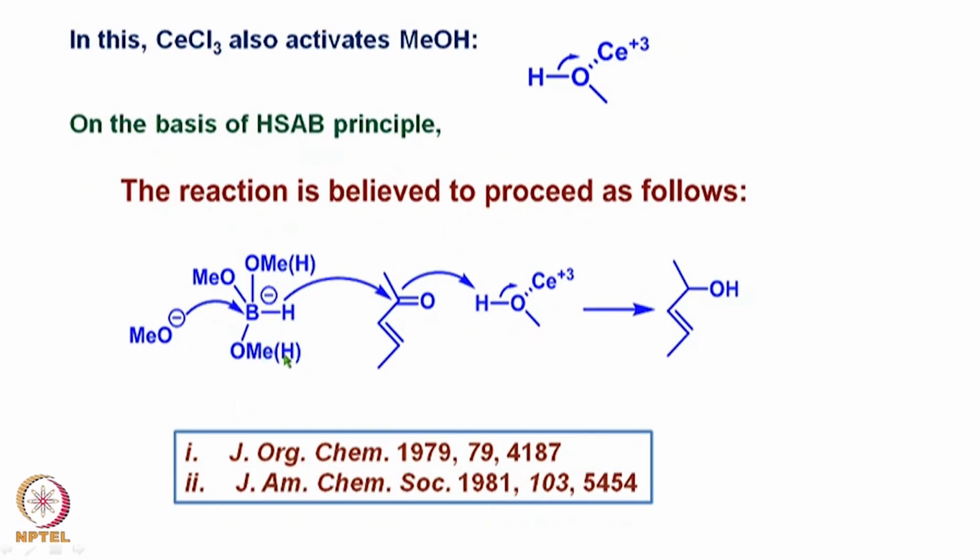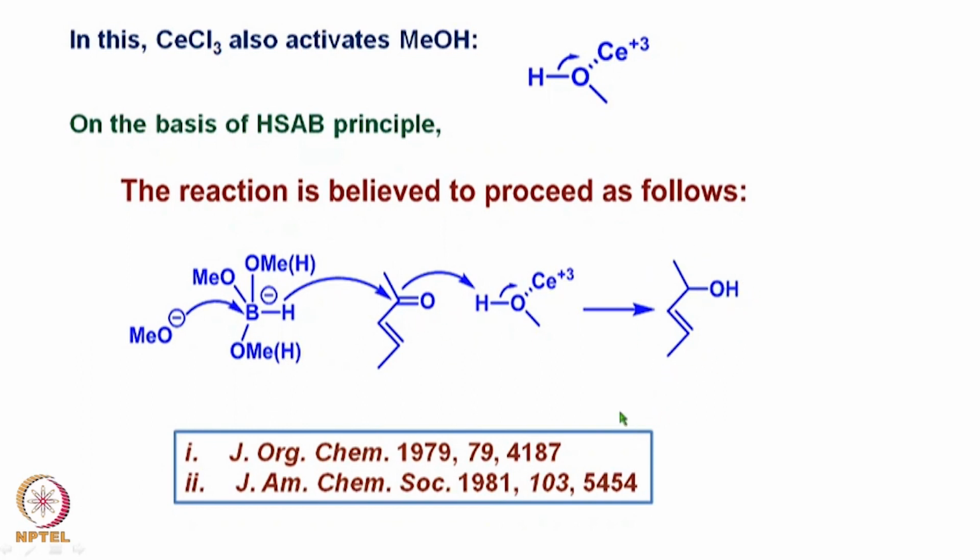It could be a mixture of all the 3 types of methoxy borohydrides, and therefore they form a harder Lewis base in terms of H minus, which then interacts with the harder Lewis acid at this particular carbon atom, which is due to the coordination of the oxygen, a harder base, with the harder acid H plus, released as a result of the complexation of methanol with the cerium 3 plus salt, resulting in an allylic alcohol.